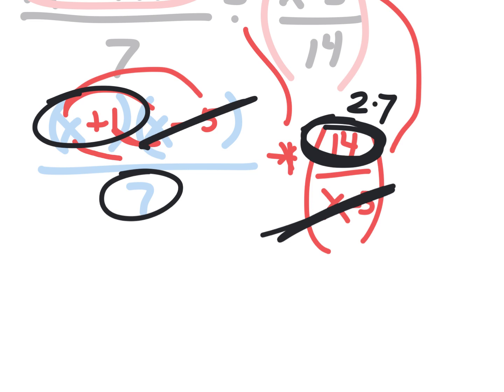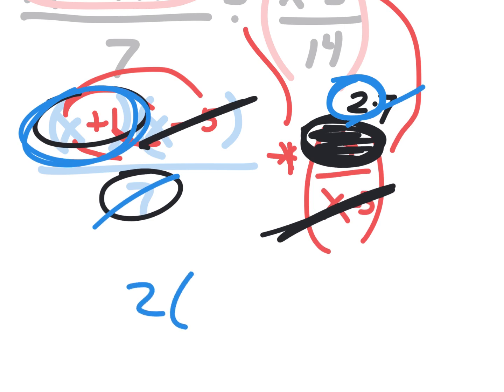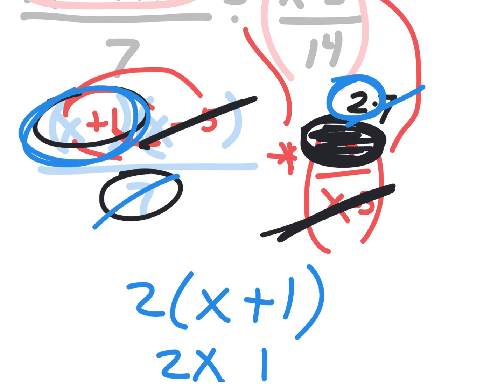Raise your hand if you caught that. Okay, good. So if that is true, what's good about it is that the 7 cancels the 7, and now it's just a 2 left, times x plus 1. I'd be fine with you leaving it like this, or multiplying it out and saying 2x plus 2. Either one of those two answers.